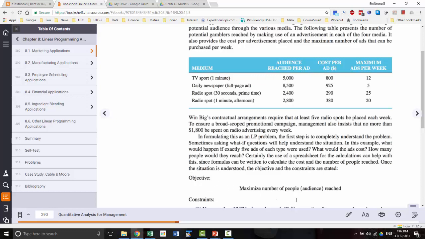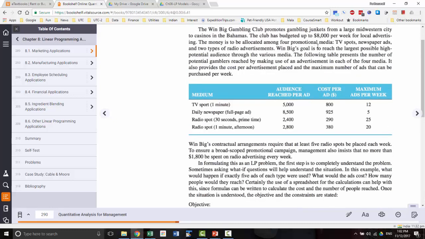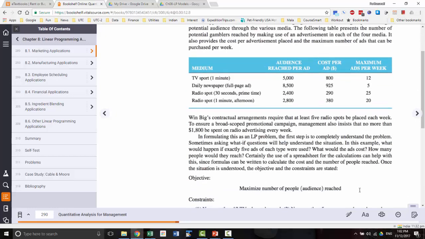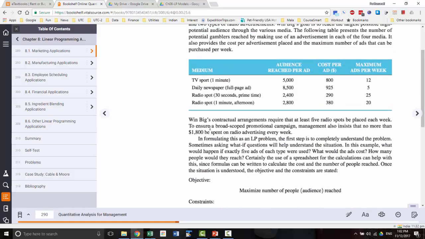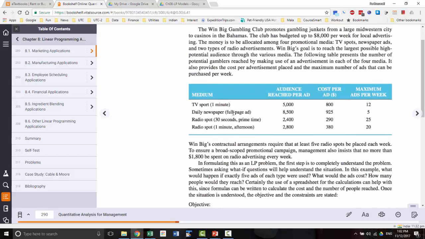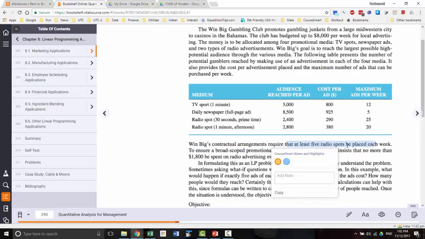So the objective is to maximize the number of people reached. The constraints are that we cannot spend more than $8,000 per week, and we cannot spend more than $1,800 on radio ads. There is also a limit on the number of ads, and a requirement that at least 5 radio spots be placed each week.